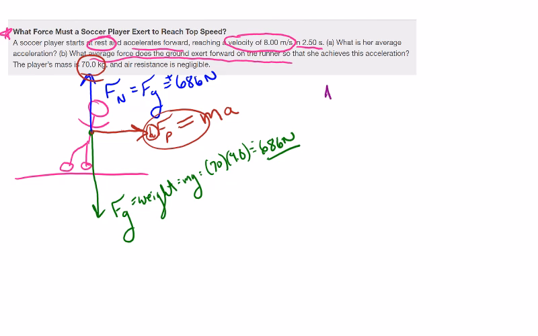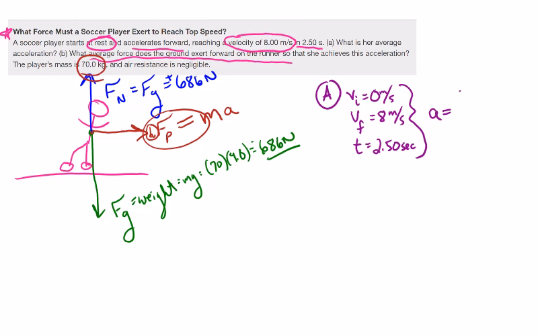So for part A, we're going to find the acceleration. The initial velocity is 0 meters per second. Her final velocity is going to be 8.00 meters per second, and the time is going to be 2.5 seconds. Hey, look at that. I remember that stuff from chapter 2. That's just our linear motion. And if we think of this all being horizontal or forward, then I can find acceleration using the definition of acceleration. Acceleration is equal to a change in velocity over time.